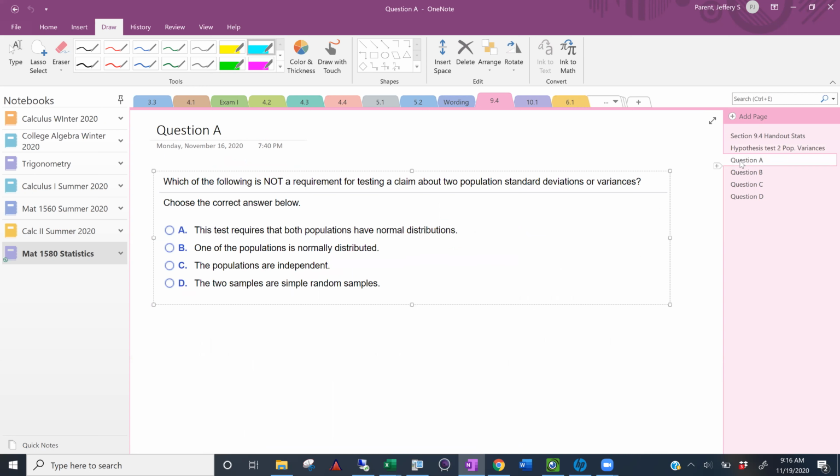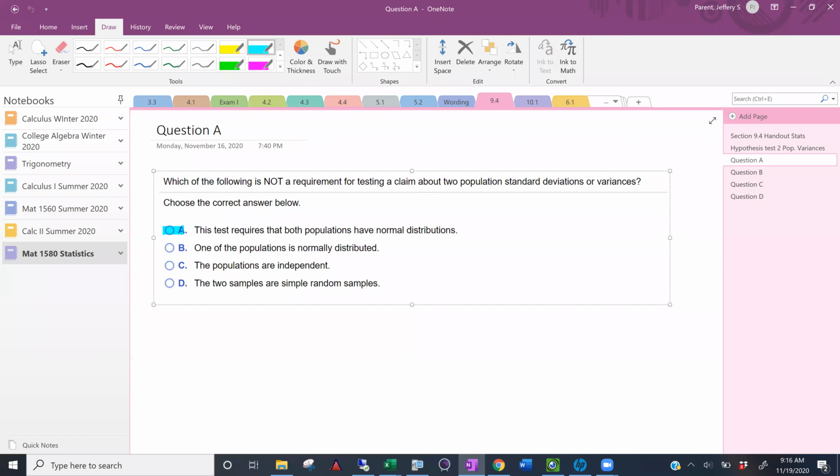So let's start out with this one. Which of the following is not a requirement for testing a claim about two population standard deviations or variances? Well, the test requires that both populations have normal distributions.